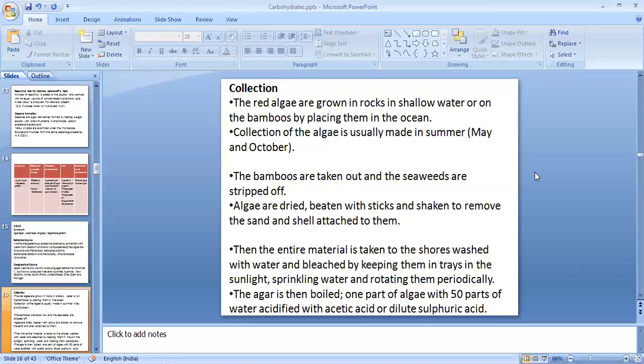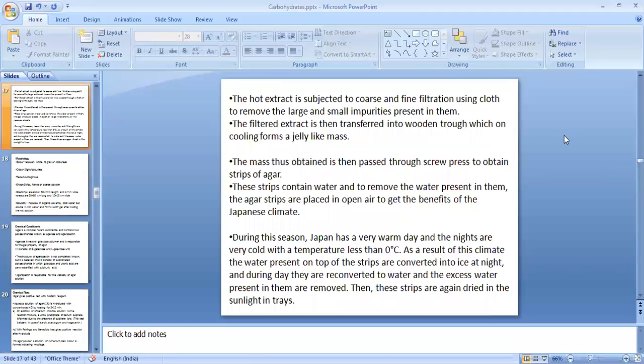Usually, one part of agar is boiled with 20 to 50 parts of water acidified with acetic acid or sulfuric acid. And the hot extract is subjected to filtration, of course a fine filtration using a cloth, to remove the large and small impurities present in it.